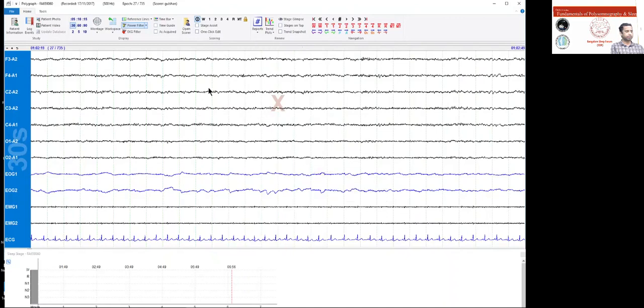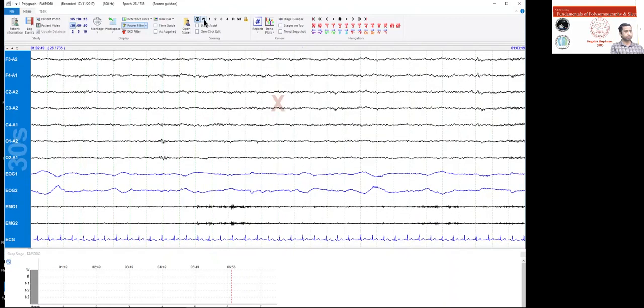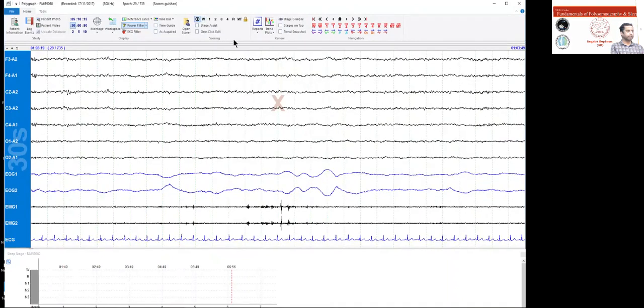Wake. Wake. You can see that the hypnogram is still showing wake, and even after that, now there is something.